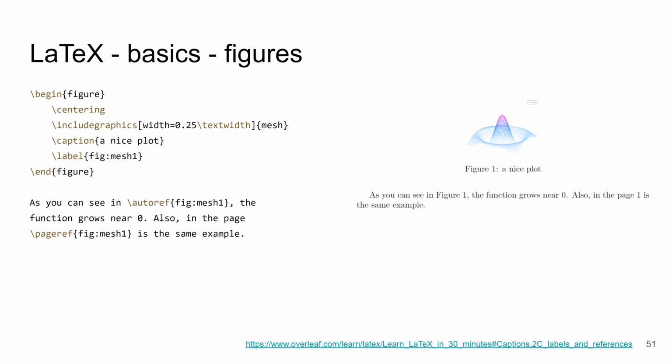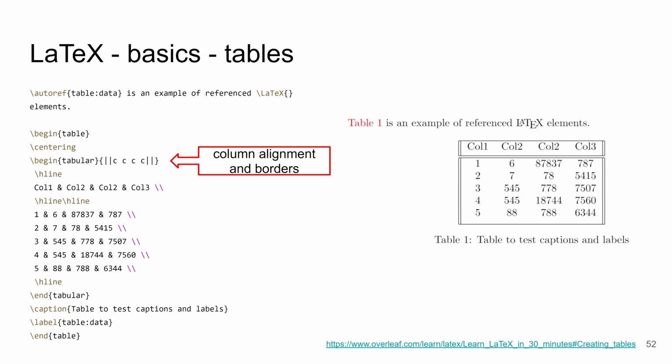So again, in the source, I just autoref the label, and it inserts the word figure and the number, and it is all a clickable link. Now, it is a good practice that every figure in your text should be referenced from the text. So again, think about that when you are writing your thesis.